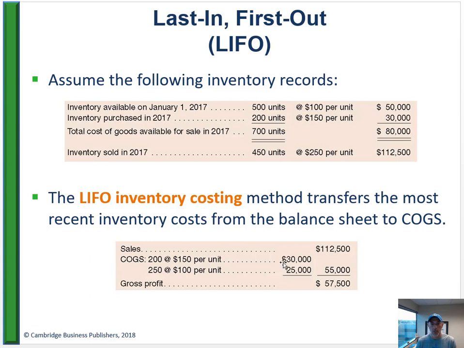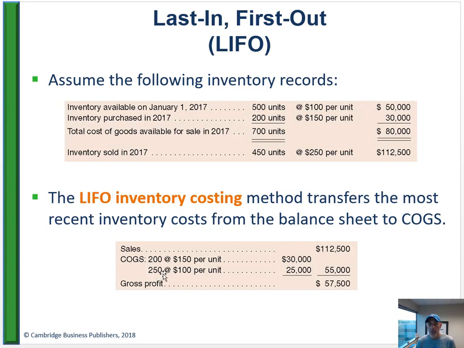So we're going to have to cost or assign costs to the 450 units that were sold. Well, we know that we have 200 units at $150. Those were our last in. Those are our most recent units. So we're going to come down here and assign $150 per unit cost to 200 of the units that we sold.